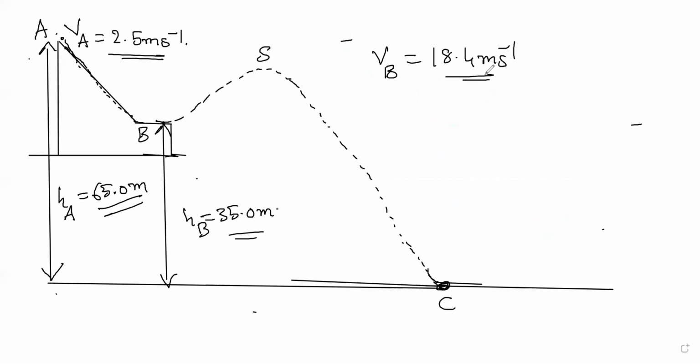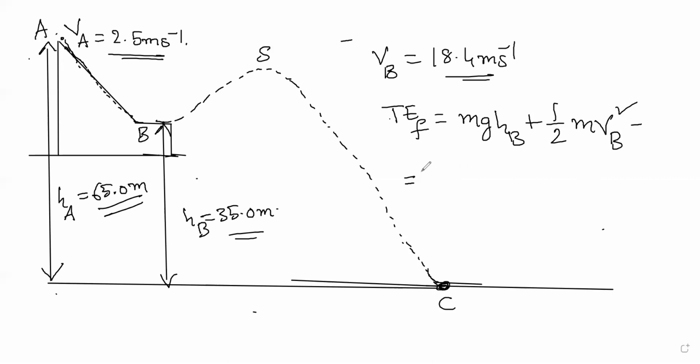And now at point B, show that the mechanical energy was not conserved during the descent along the ski jump. This is what they told. Mechanical energy not conserved means you calculate the final total energy. The final total energy is mgh_B plus half m v_B square.